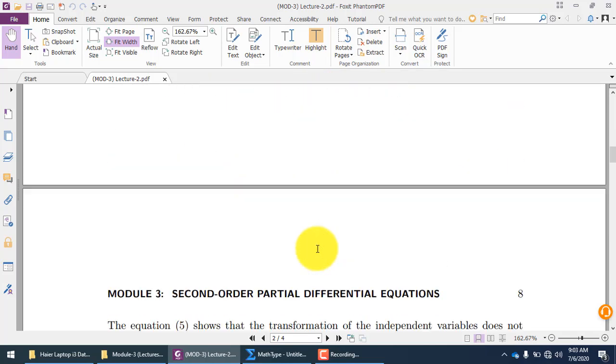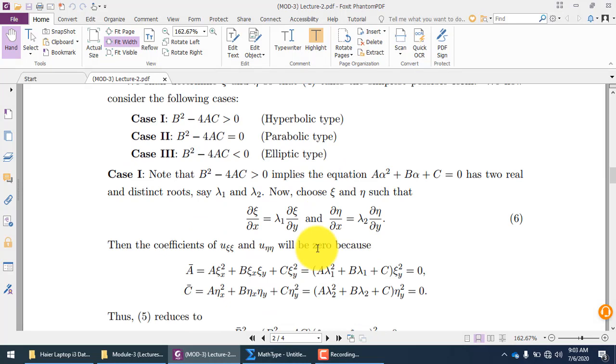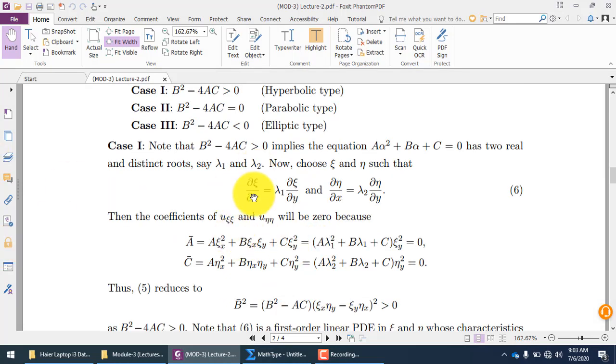We are taking the hyperbolic case again, but how you choose xi and eta is up to your choice, and it is not unique, because xi and eta can be chosen in any way. You are not bound to choose xi and eta in one way.